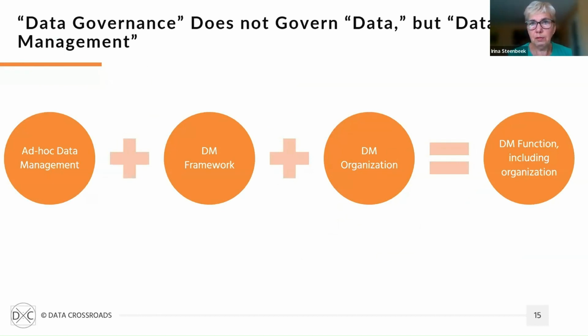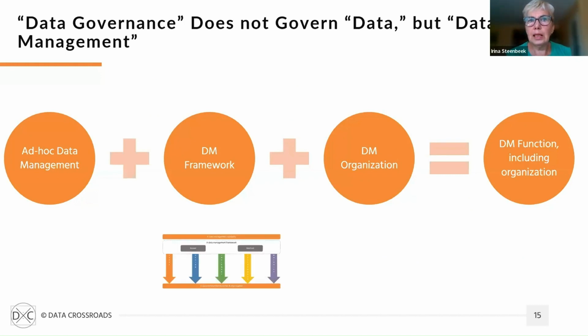To set up a data management function, you must develop and implement a framework. In my understanding, a data management framework is a set of models and methods that shape data management into a business function. It consists of models and methods to scope, design, implement, and measure the maturity and performance of a data management function.